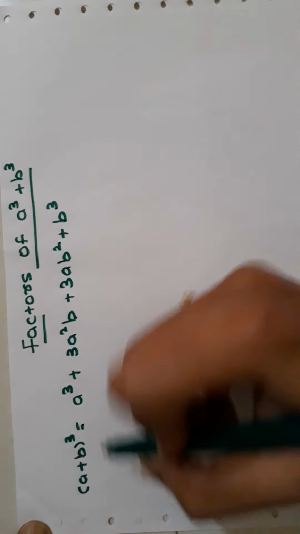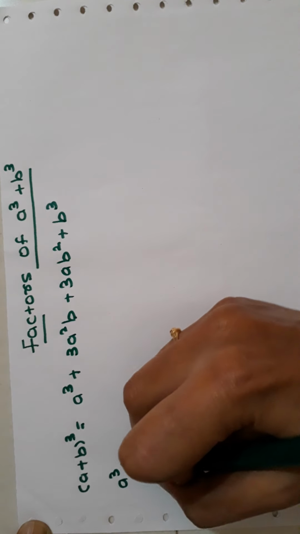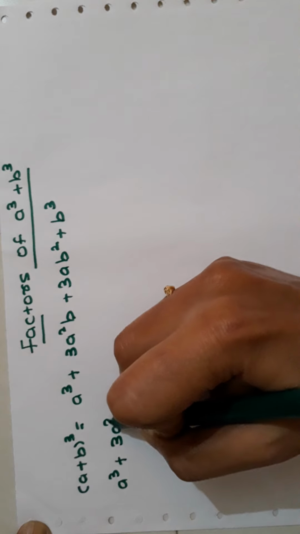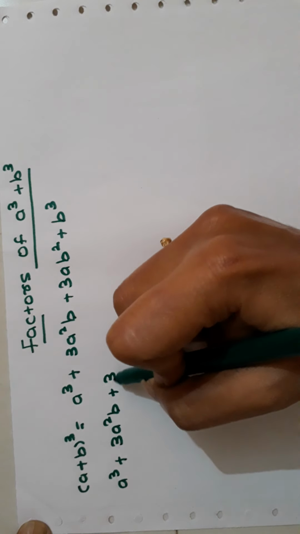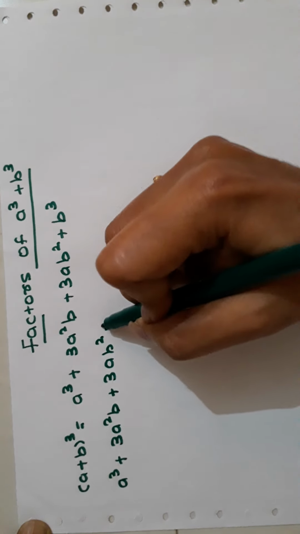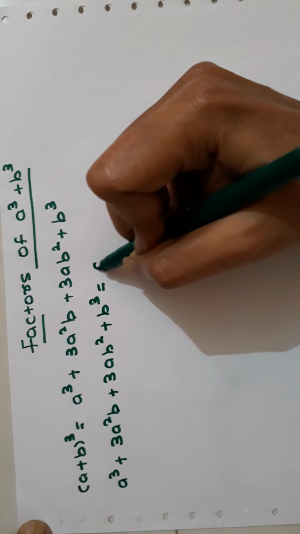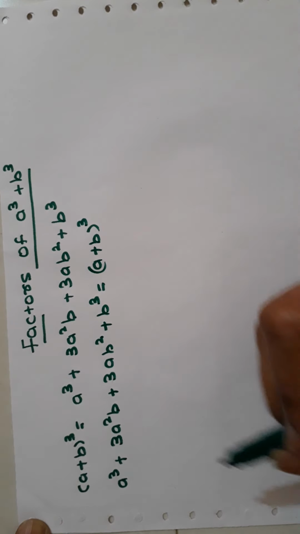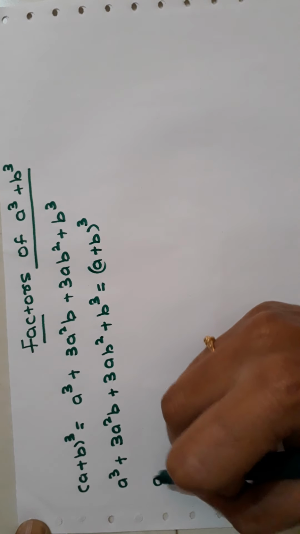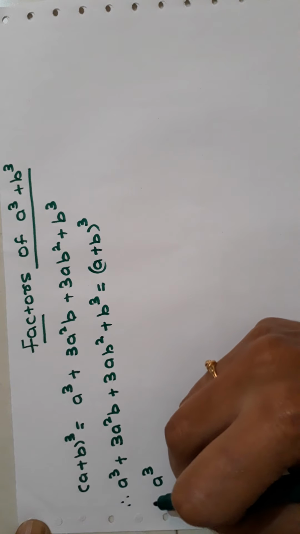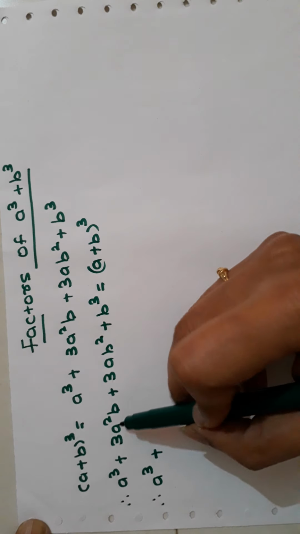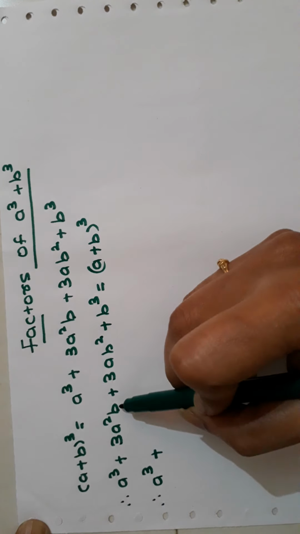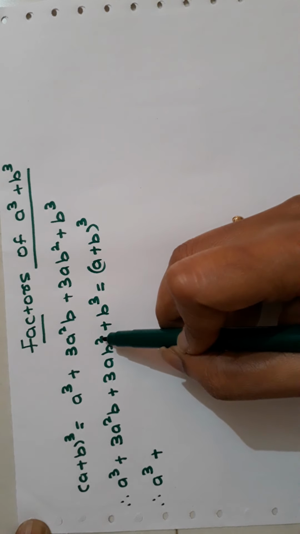Interchange the left hand side and the right hand side. A cube plus 3a square b plus 3ab square plus b cube is equal to (a plus b) the whole cube. I have interchanged the left hand side and the right hand side. A cube plus, now take both these terms, 3a square b and 3ab square.